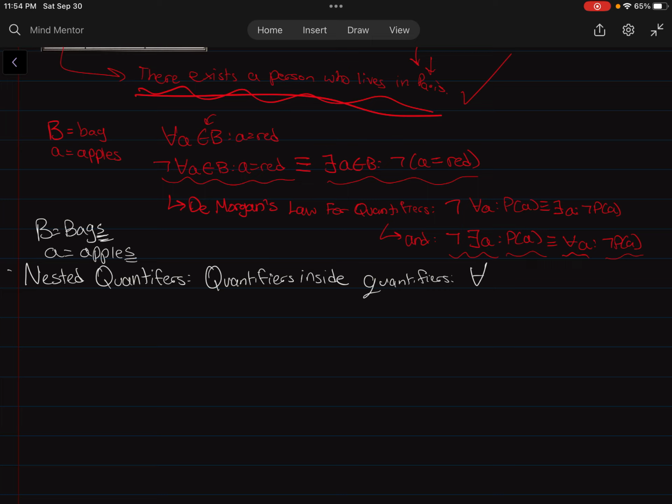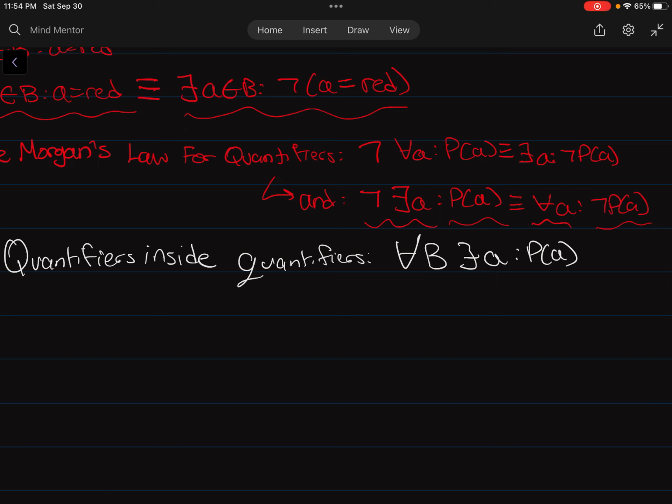So let's say we said something like this: for all B, there exists an A such that P of A. So that essentially says that for all bags, inside every bag, there's an A that satisfies P of A, right? We could also do something like, for all apples, there exists a bag such that P of A, right? So for every apple, there would exist a bag that proves P of A to be true.